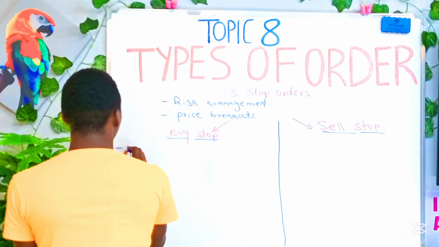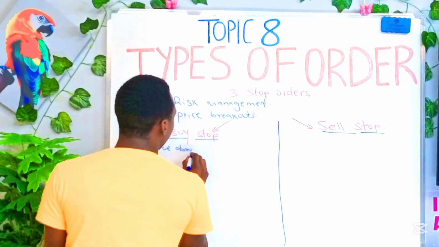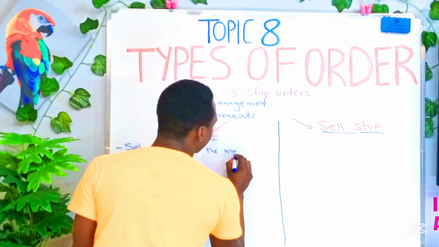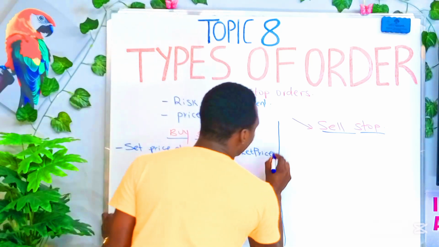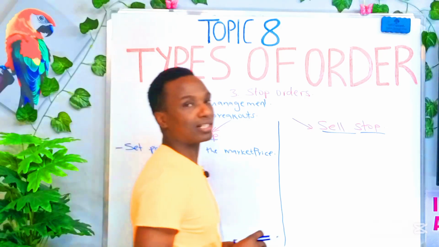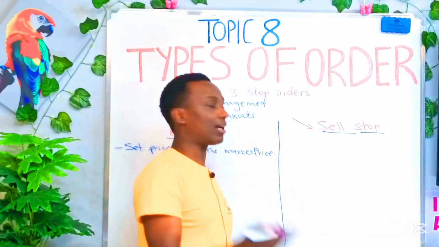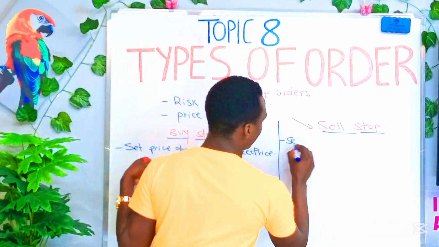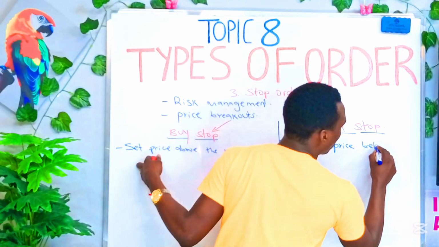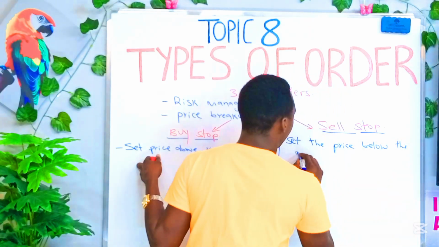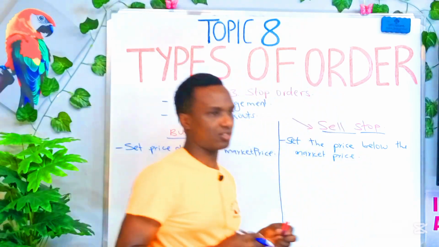These orders set a price above the market price. What about the sell stop orders? They set the price below the current market price. They are the exact opposite. They set the price below the market price. Is that correct? Good.